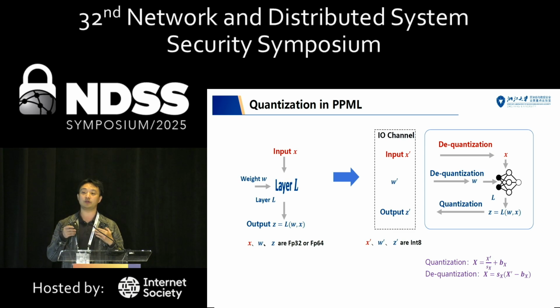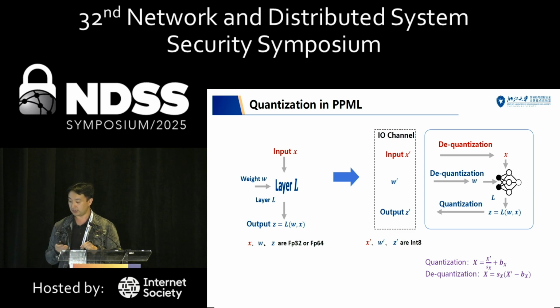Now, when we do it in practice, I'm not talking about PPML, I'm talking about normal ML. You put the quantized value into the GPU using a small channel, int 8, and inside the GPU you dequantize them, they become float, become big, and then you do the operation normally. Then you get the result, and you quantize it again before you get it out. So the I/O is limited, the belly is very fat, that's reality.